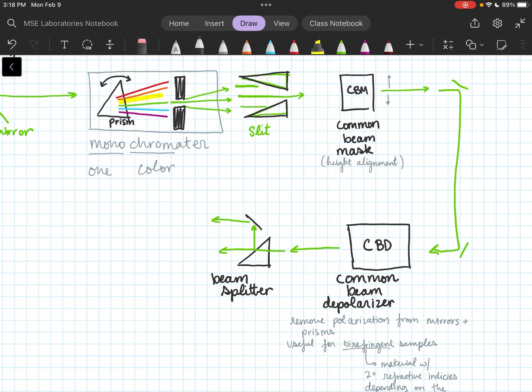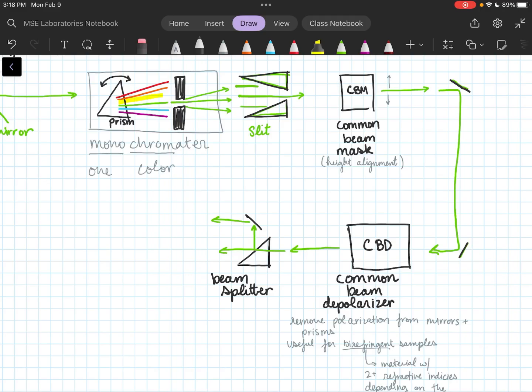And I'm realizing I would like that to be a black mirror there. So a beam splitter turns one beam into two beams.